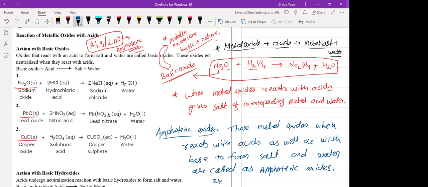Example: Al2O3, aluminum oxide, and ZnO, zinc oxide, are amphoteric in nature.